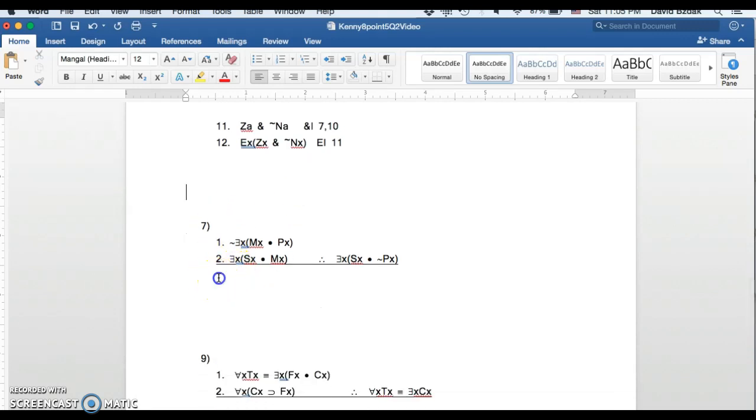Okay, number 7. Let's see. So we've got an existential here, so we'll do that one first. SA and MA, existential elimination of 2. Now we can do this conditional exchange.